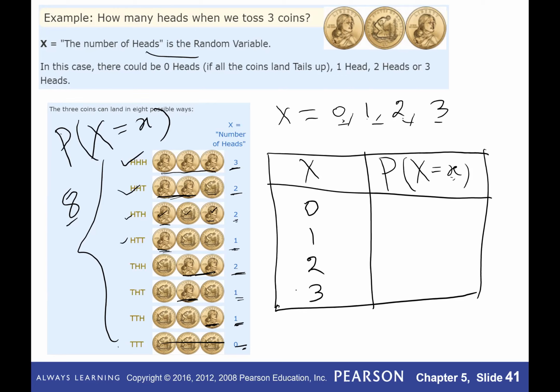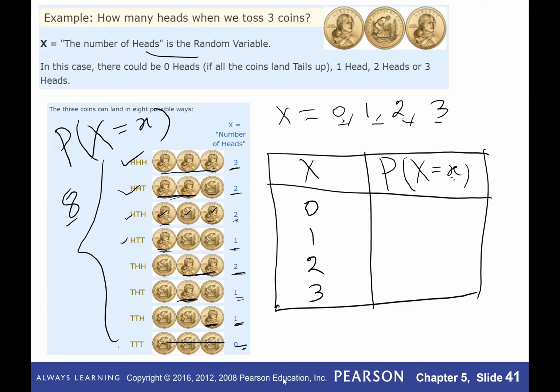So what should be the probability corresponding to 0? Anyone? Okay, 1 over 8, 1 over 4, 1. I got 3 different answers. Anyone else?